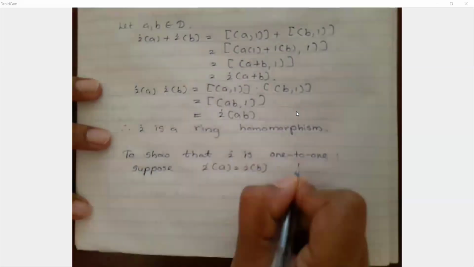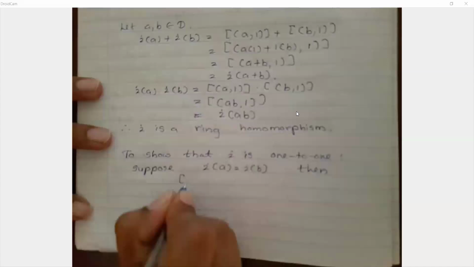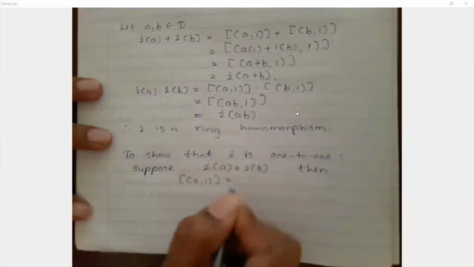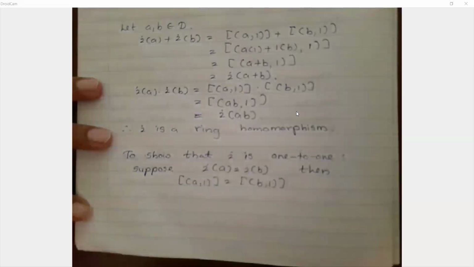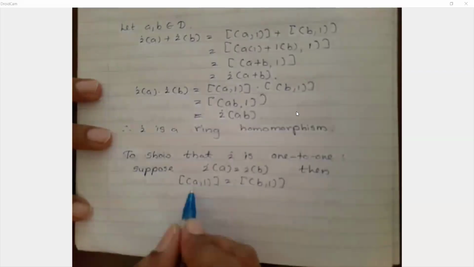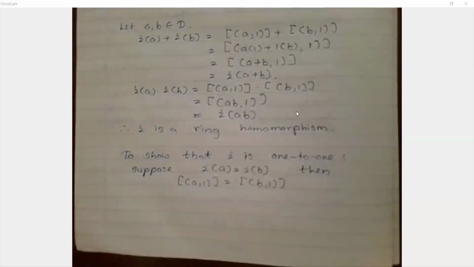Then by definition of I, we have the equivalence class A1 equal to the equivalence class B1. If the two equivalence classes are equal, that means the two representatives must be equivalent, right? If the equivalence class over here is the same as this one, the two representatives must be equivalent. So we use that.